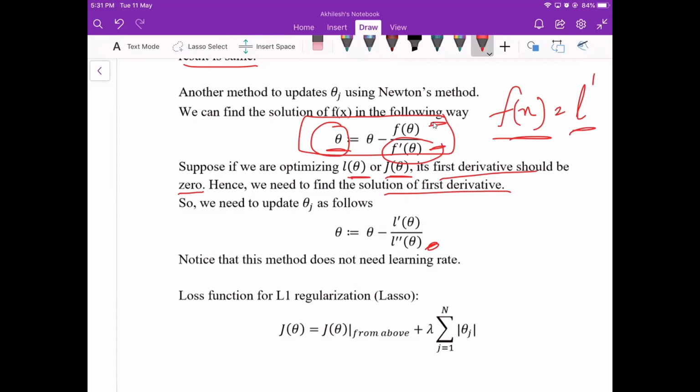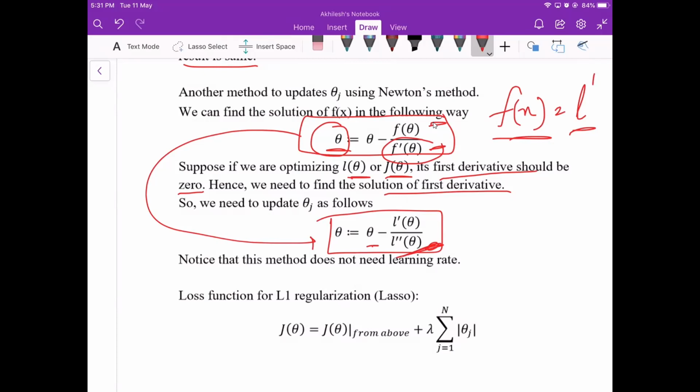So the Newton method becomes this: new theta is equal to old theta minus first derivative of the log likelihood upon second derivative of the log likelihood. Okay, here the learning rate is not required.